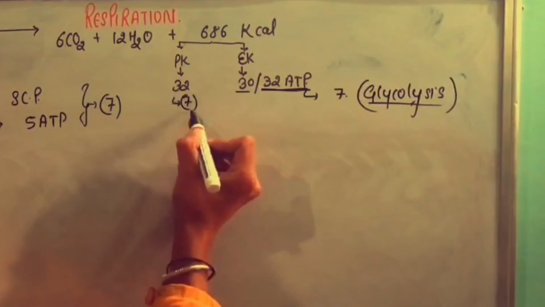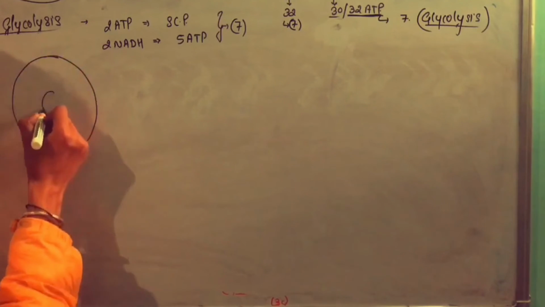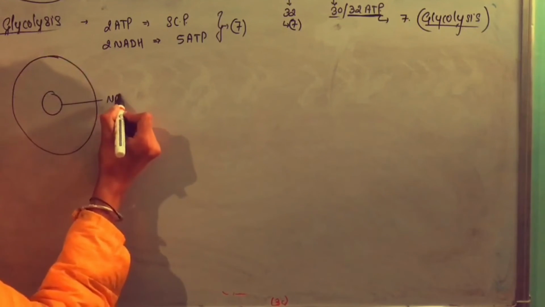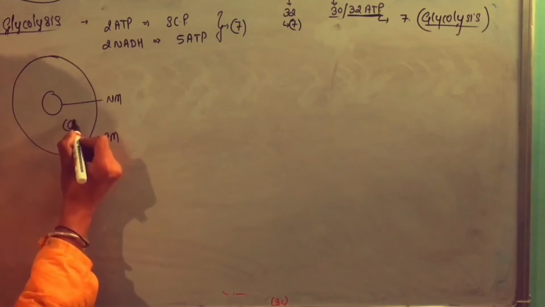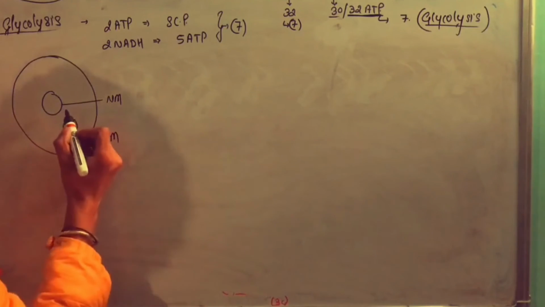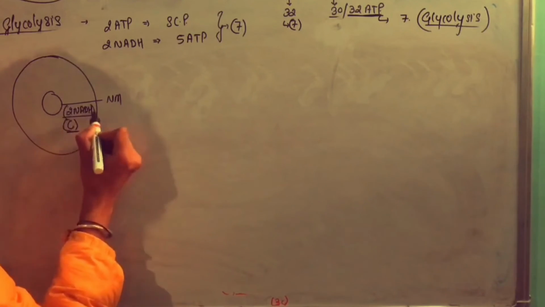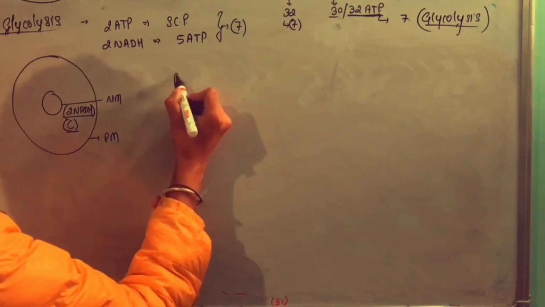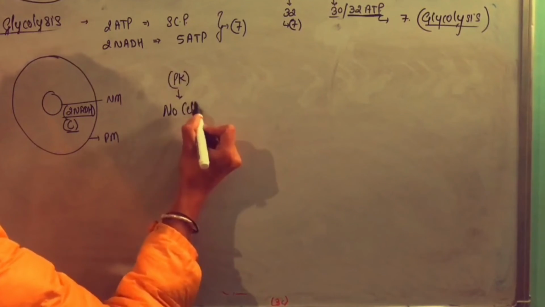In the case of prokaryotes, 7 ATP are formed. Inside the cell, this is the plasma membrane, and in the cytosol two molecules of NADH are formed. In prokaryotes, there are no cellular organelles.